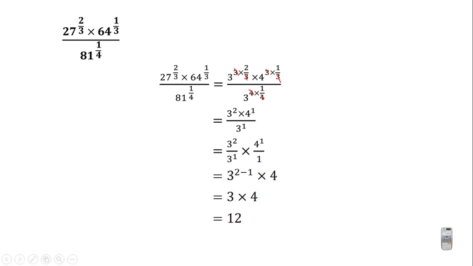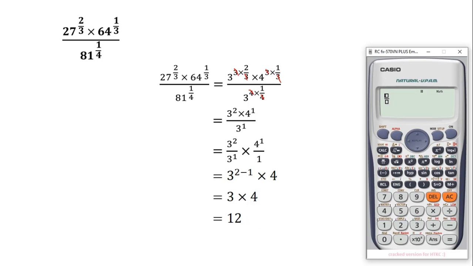If you want to do this on your calculator, enter the whole expression that we have here. So we have 27 exponent, now the exponent is a fraction, so 2 divided by 3, then times 64 exponent. Here too the exponent is another fraction, 1 divided by 3.